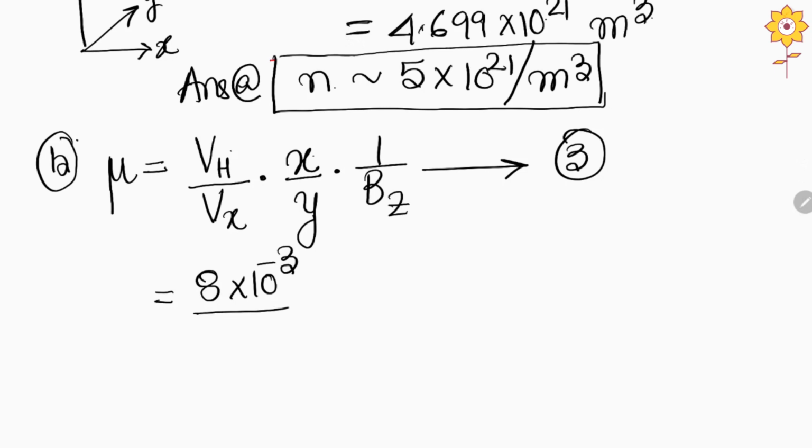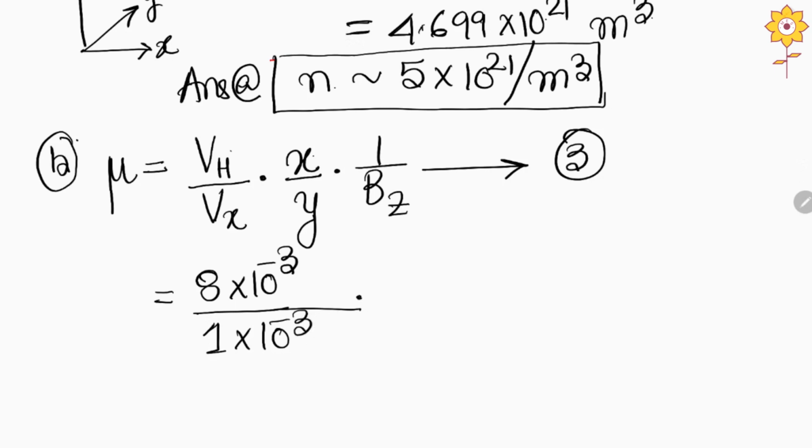I know the voltage value that I am applying across the X direction, and this turns out to be, just a minute students, it is not 0.5, that is 1 millivolt. So that is going to be equal to 1 millivolt, so this is 1 into 10 raised to minus 3.